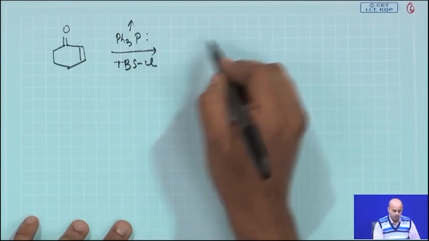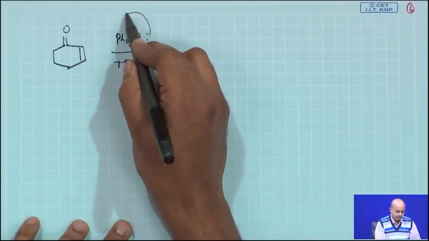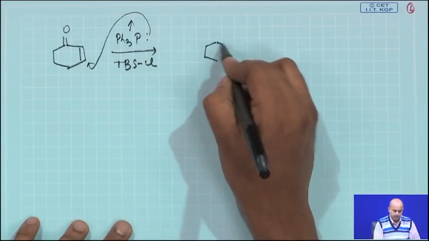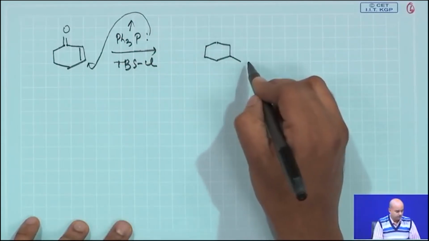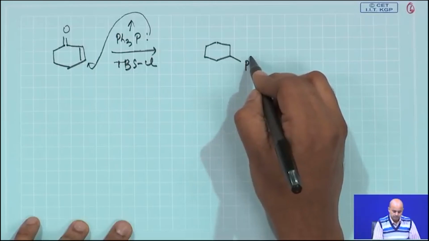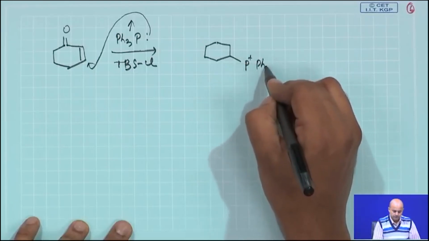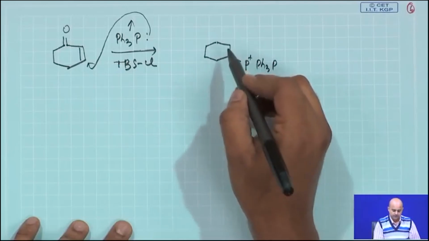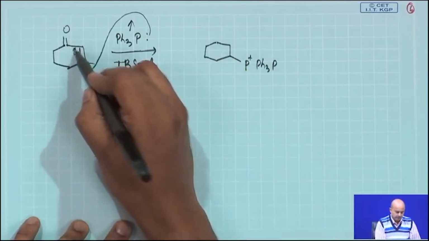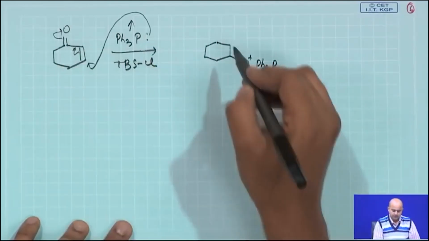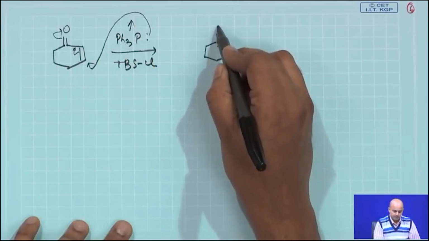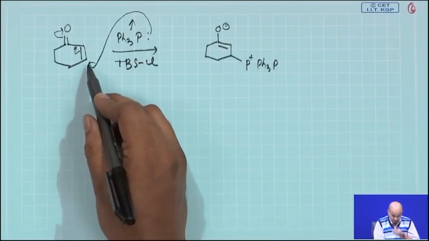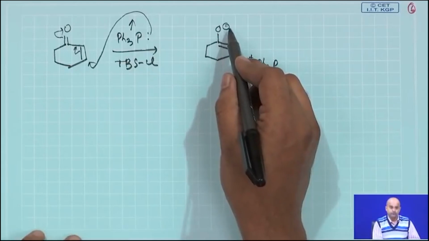Now, TBS chloride, why was it used? First, this undergoes a Michael type addition. So, now this triphenyl phosphine becomes P plus and this basically comes here. So, we have this O minus. The initially generated enolate comes to this position.